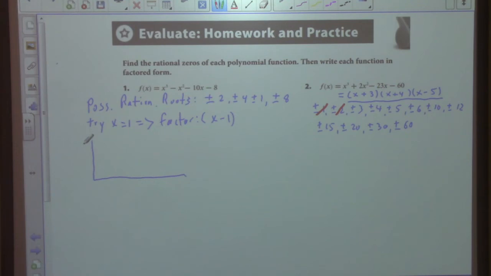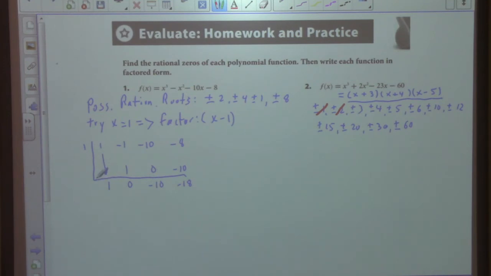So here we're going to put the 1 out here, and then 1x cubed minus x squared minus 10x minus 8. Then bring down the 1. 1 times 1 is 1. 0, negative 10, negative 18. So is x equals 1 a 0? No, it is not. So it does not work.